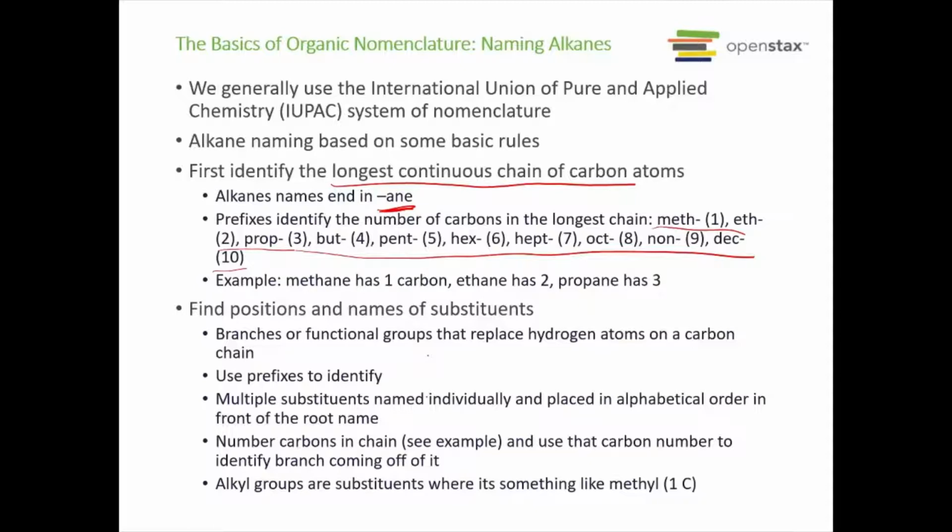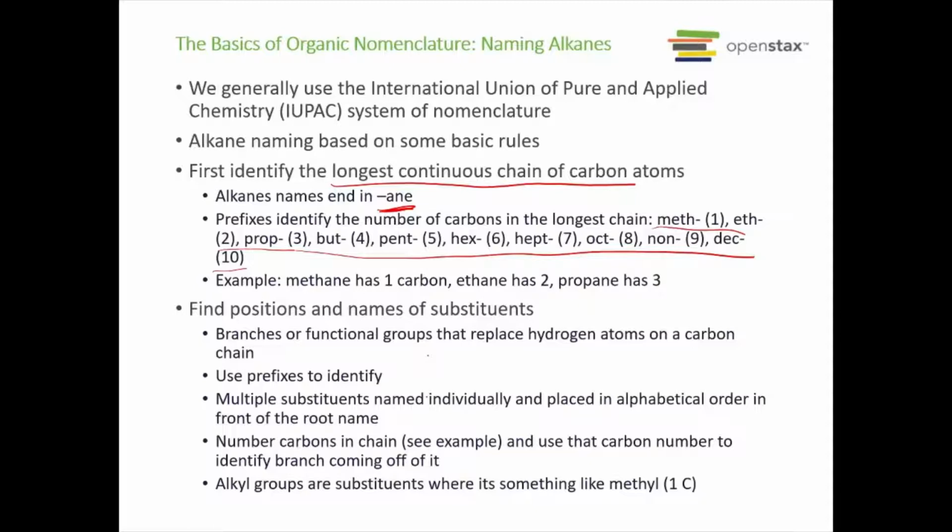If you have multiple branches, we name them individually and put them in alphabetical order in front of the root name of our molecule. We have to number the carbons in the chain, and there are some numbering rules that we'll talk about. And we use that carbon number to identify the branch that's coming off of it.